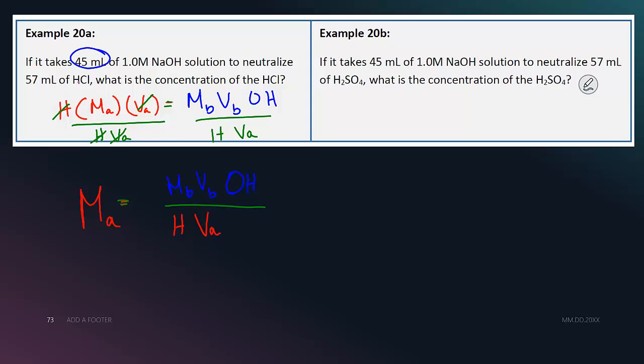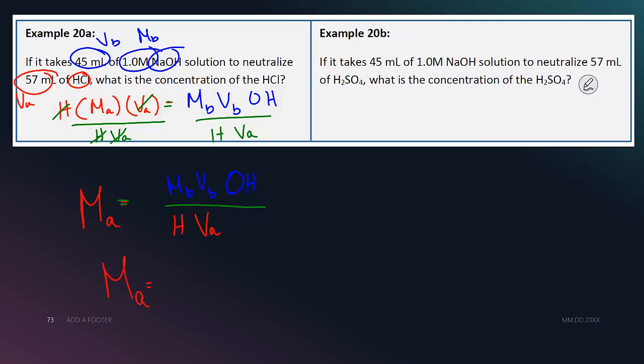So we have a volume of the base, we've got the molarity of the base and its formula. We know the volume of the acid and the formula of the acid. So now it's just a matter of plug and chug.